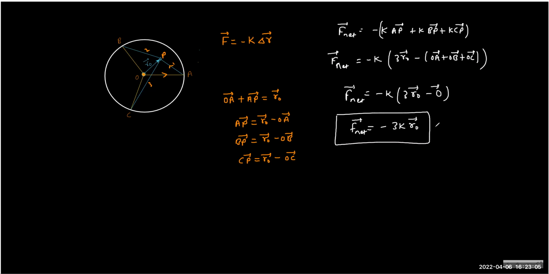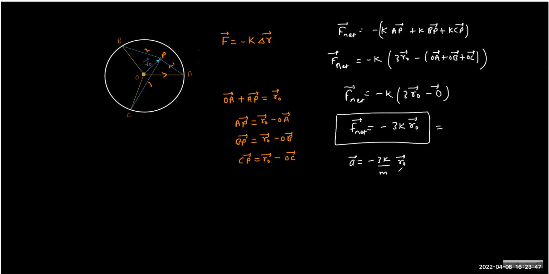And if you compare with the standard equation of SHM, which is minus omega square r naught, let's compare. So what do you get? Omega square equals 3k by m. This is the force value, so you can write acceleration as minus 3k by mass of the bead into r.